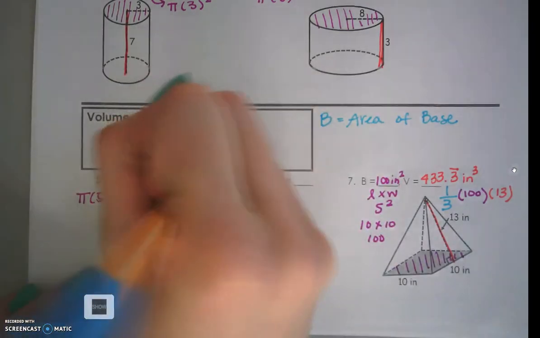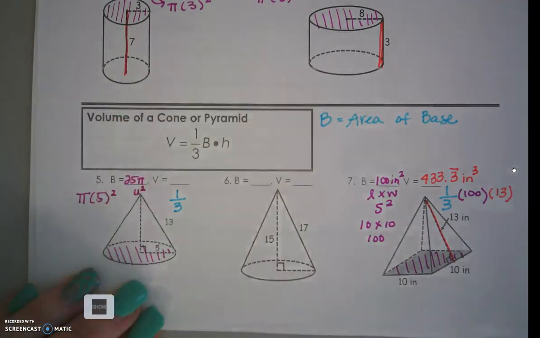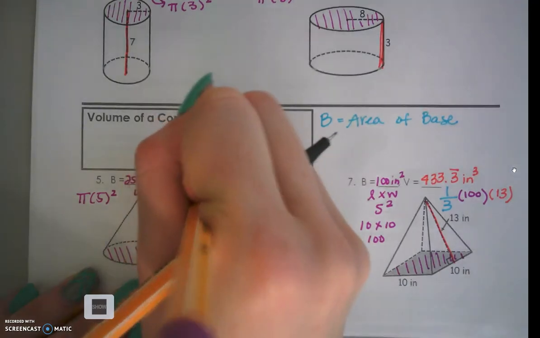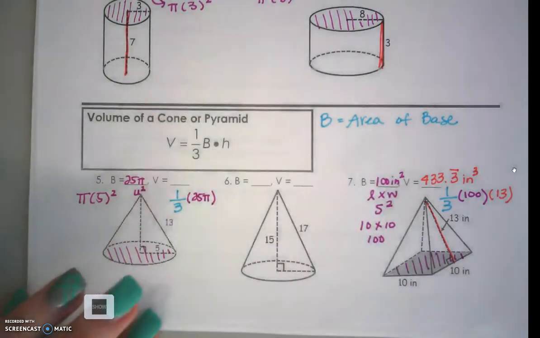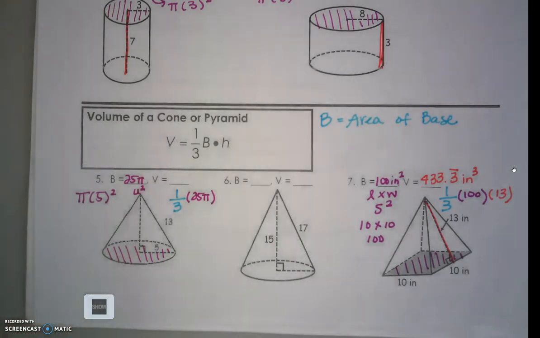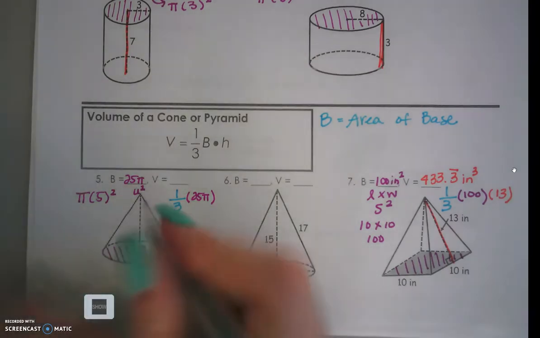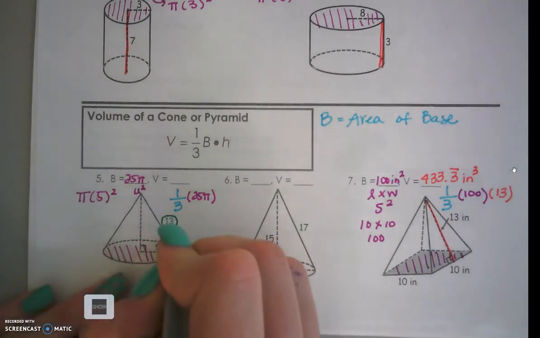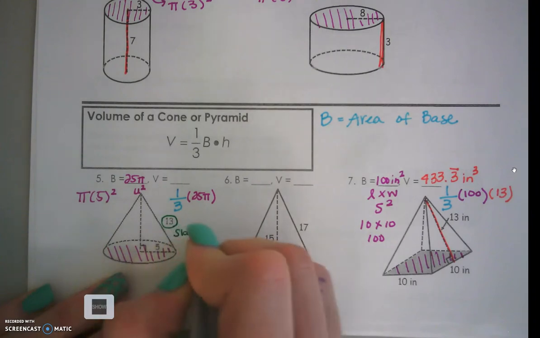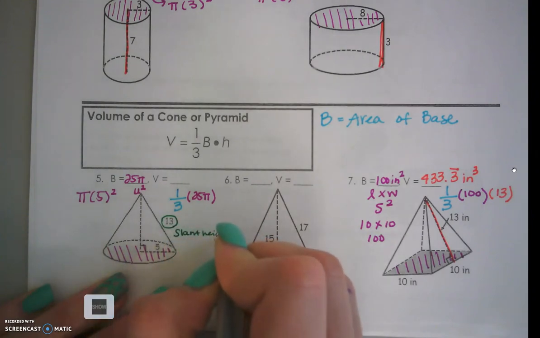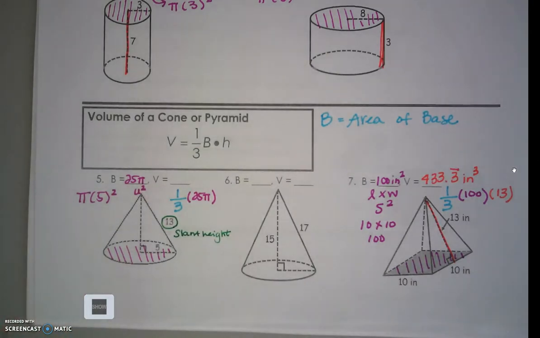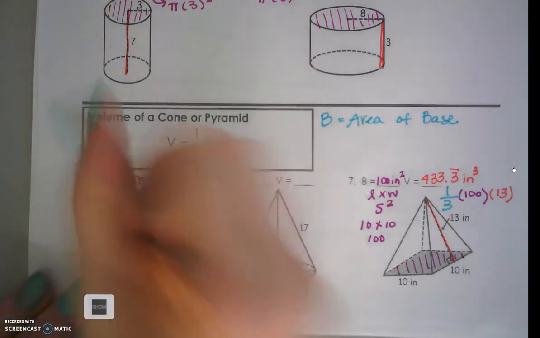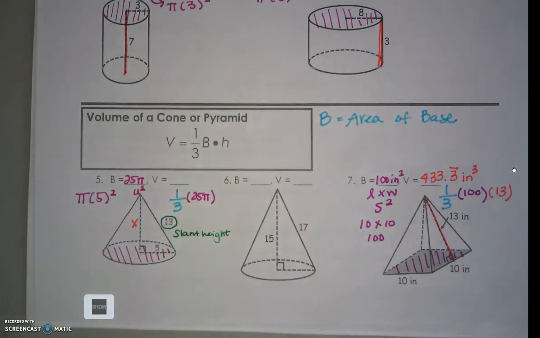Volume, I need that 1/3. I need the area of my base, 25 pi. And my cone is being pushed out how many units? Well, it's not being pushed out 13 units. This is called a slant height. So what fun little formula am I going to have to use to find the height of my cone?